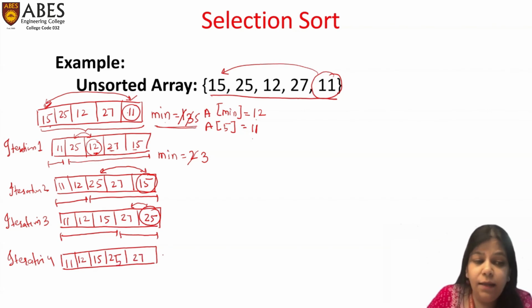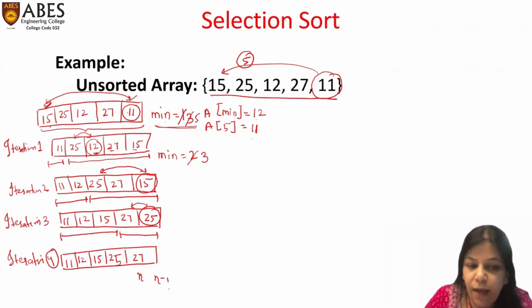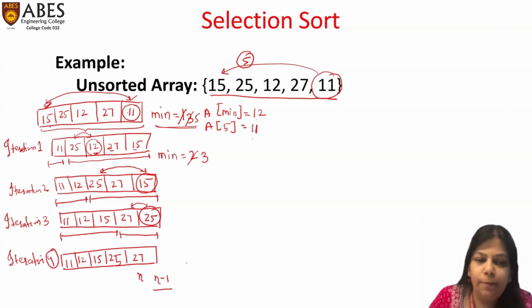So we can see that if there were 5 elements in the array, then in 4 iterations the array is sorted. So we can say that for n elements, we will need n minus 1 iterations to sort this array with the help of selection sort.